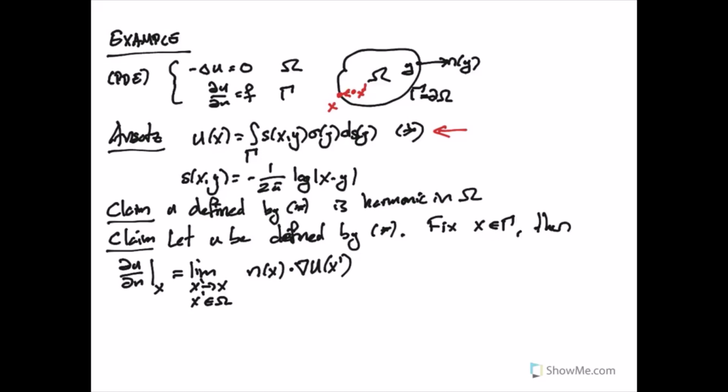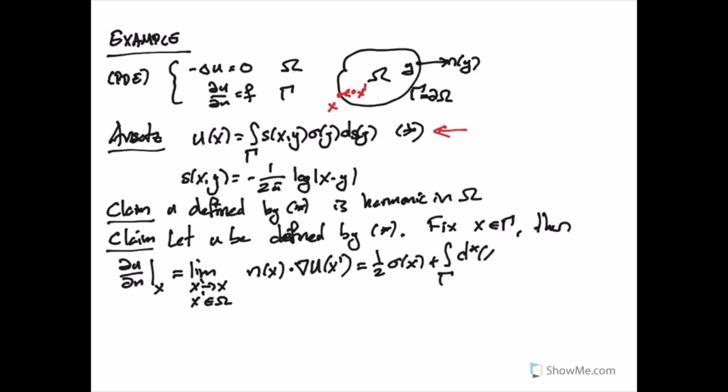You can just apply the gradient with respect to x underneath the integral sign. That's perfectly well defined. If x prime is in the interior, if you take the inner product of that with n of x, then you get a function that has a limiting value, and the limiting value looks something like this.